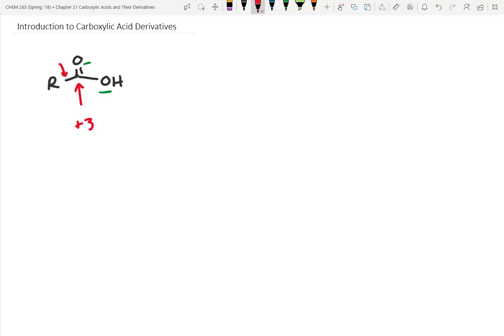It'll share the electrons in that bond because it's a tie between two carbons. So it's a high oxidation state, and really, when it comes down to it, as long as you have an electron withdrawing group coming off this position, this also has a +3 oxidation state, right? So he lumps all of these together because they have relatively similar reactivity due to the similar oxidation state.